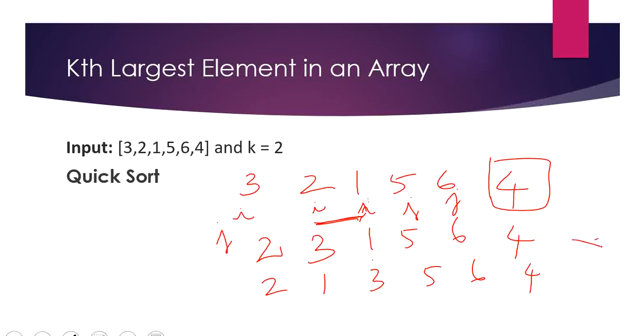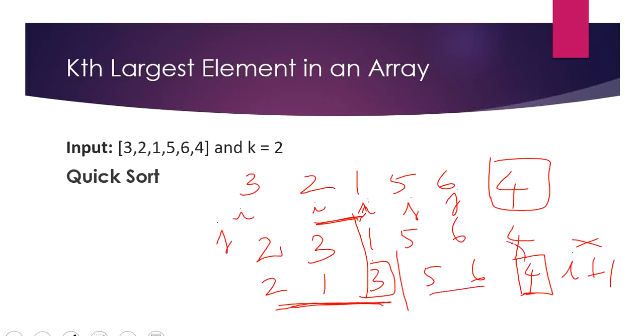The iteration ends. At the end of the iteration, it looks like this. Now we are going to swap the 4 with the i plus 1 position. So now our i is at this position. So here it ends. The numbers less than 4, right? So less than 4 are here, greater than 4 are here.